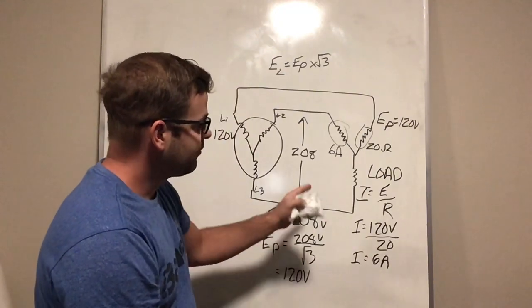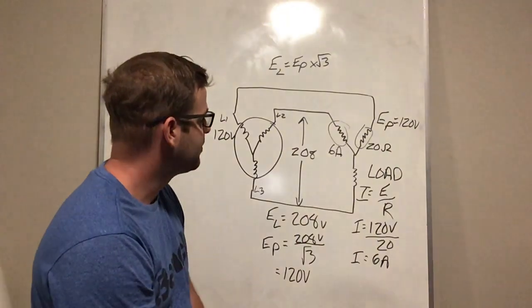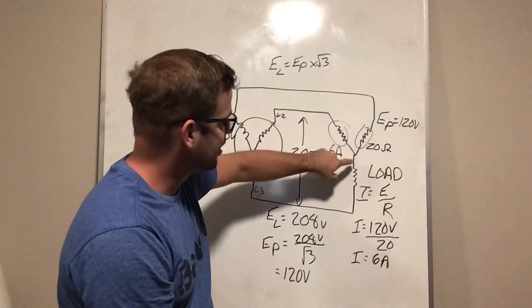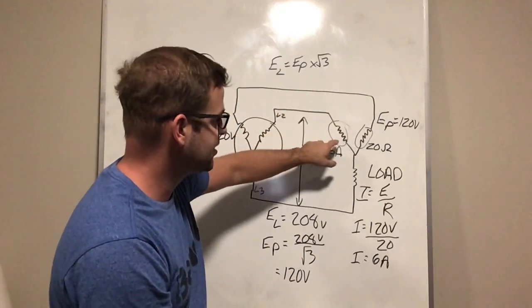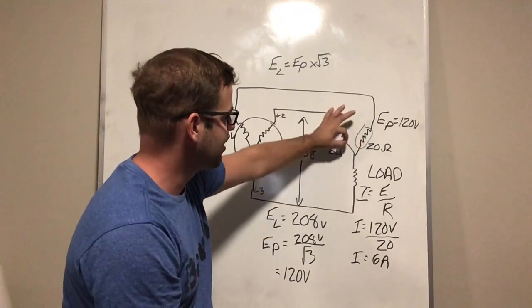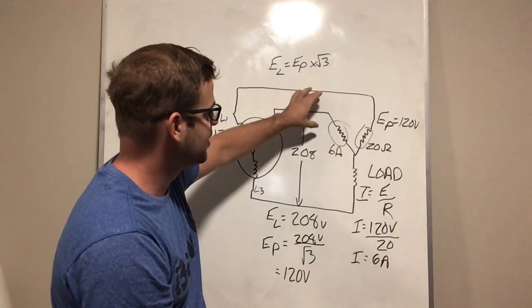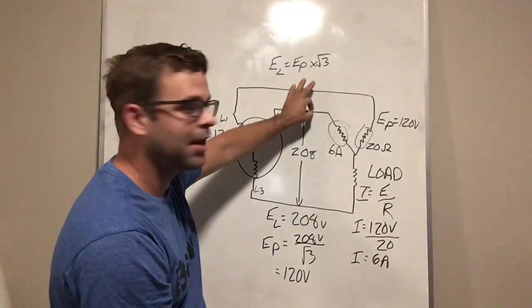If I expand from here, so I know that I have 6 amps in my load, and if I were to put an amp clamp on that, there's only one phase that is seeing that current at this point. So if I continued with that amp clamp up into the line, obviously there's only one line conductor that amp clamp is on.